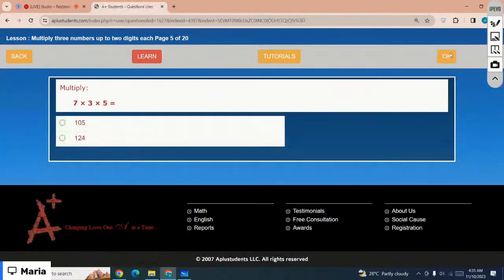So which is the correct option? 7 times 3 is 21, right? So you have to do 21 times 5. So 21 times 5 is 105. The correct option is 105.